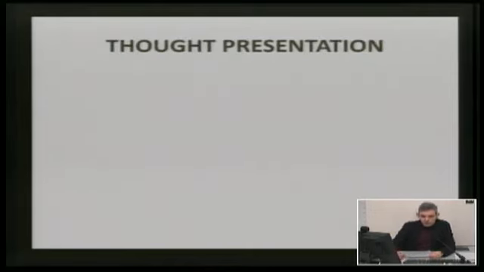We now move on to speech and thought presentation, which is also linked to point of view in fiction. So characters can express their thoughts in fiction when they speak, obviously, and narrators can have access to their minds.